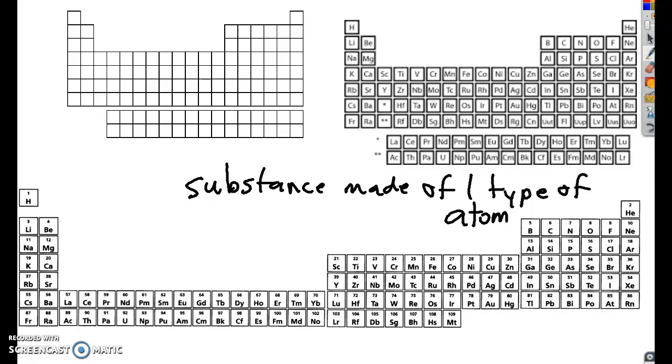Now, in nature, you don't find pure elements very often. Most of the time, they have combined with other elements. There are some exceptions. For example, gases in the air like oxygen and nitrogen are found as pure oxygen and pure nitrogen. Helium and the noble gases, helium, neon, argon, krypton, xenon, and radon, are found pure.